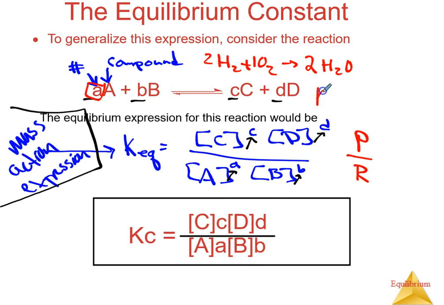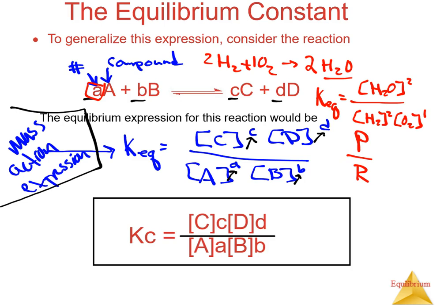KEQ equals [H2O] squared, because it's my product raised to its coefficient, over my reactants raised to their coefficients. You don't have to put a 1, but I'll put a 1 just to illustrate it.